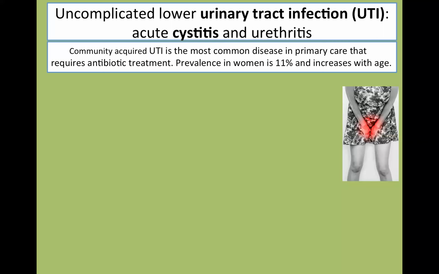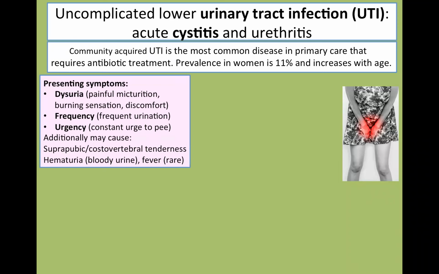This urinary tract infection is the most common cause in general practice that requires antibiotic treatment. It's quite prevalent in females. It's estimated to be around 11% in the whole population.